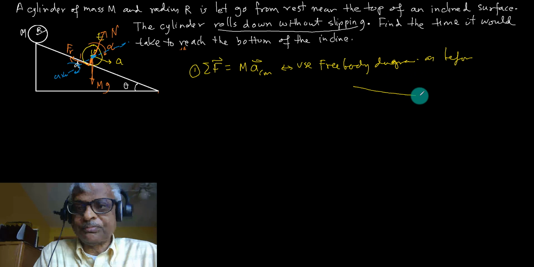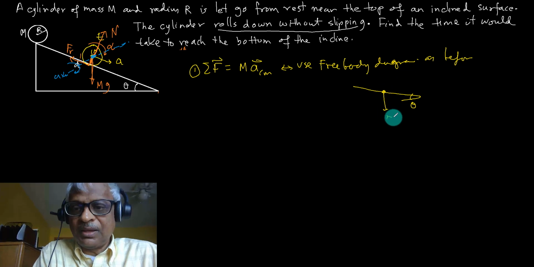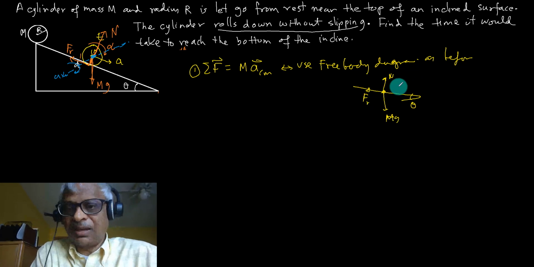This is the angle theta. Mg is this way, normal is that way, rolling friction Fr is that way, and acceleration is that way.